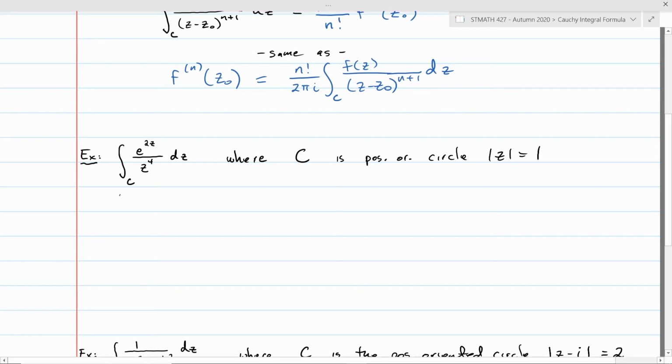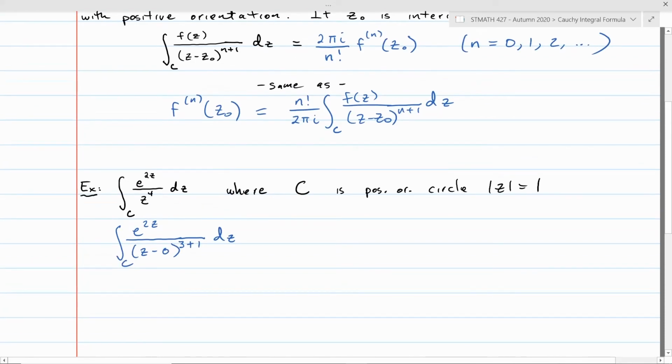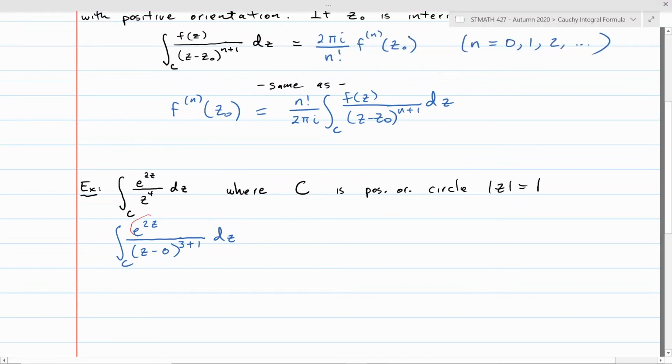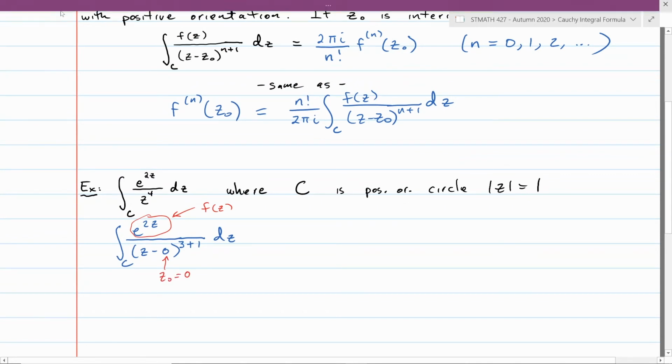In any event, so check it out. Just for emphasis, this is the same as e to the 2z over z minus 0 raised to the 3 plus 1 dz. I'm trying to make it look just like the extended Cauchy's integral formula up there. So you can see what your function f is: f is e to the 2z, and z naught is equal to 0. Notice that 0 is inside of the circle centered at the origin.